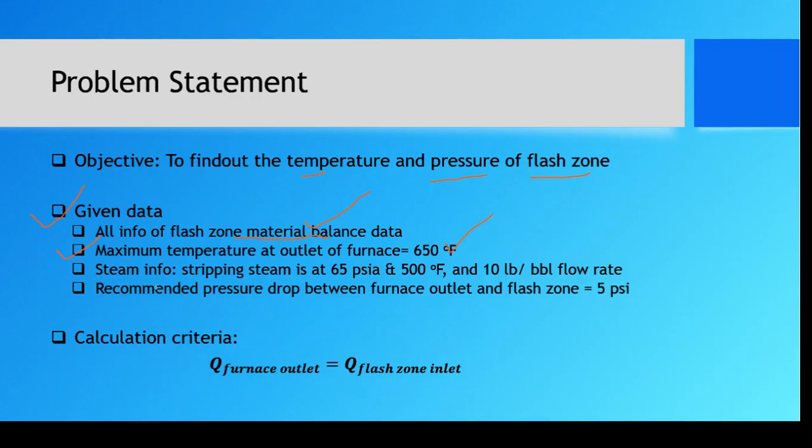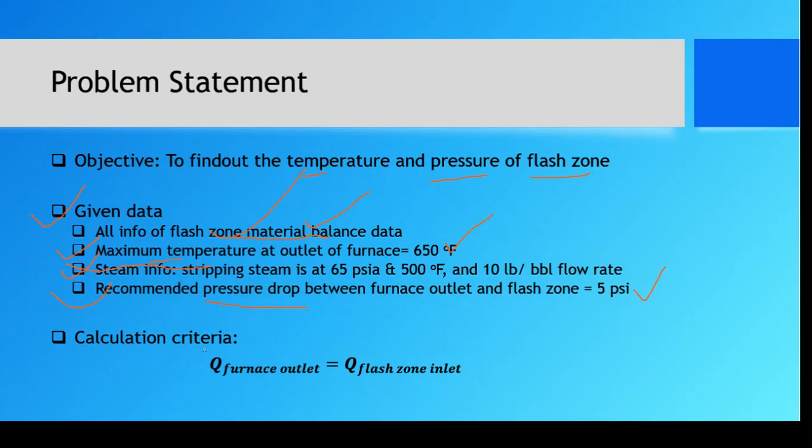Then the steam requirement is given here also, and the next is the recommended pressure drop between the furnace outlet and flash zone inlet, that is 5 psi. So this steam information is not necessary for this calculation. In the next step we will use the steam information. Here only the pressure drop, the maximum temperature and the material balance are important.